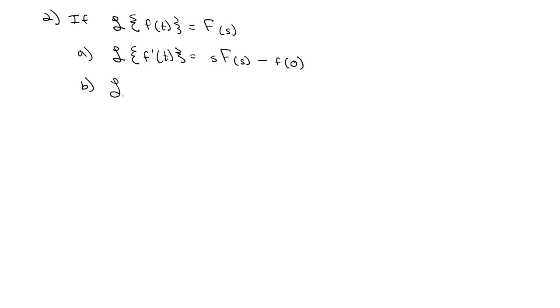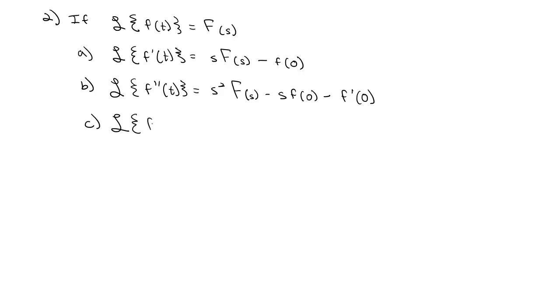And we can extend this pattern to the second derivative by saying the Laplace transform of f prime prime of t is equal to s squared times the Laplace transform F of s minus s times the function f of 0 minus f prime of 0. And you can kind of see a pattern starting to form.